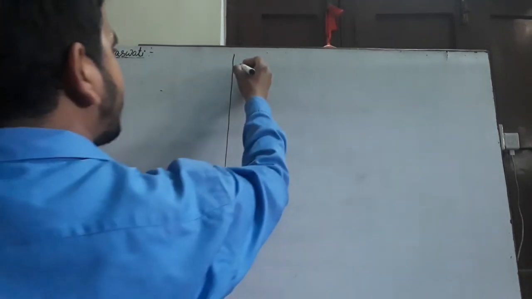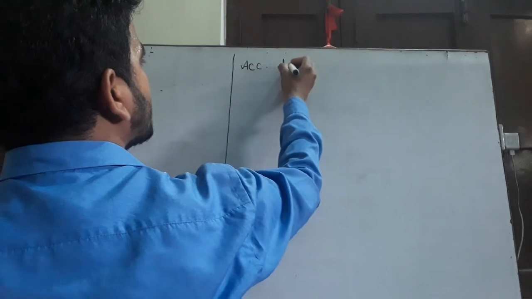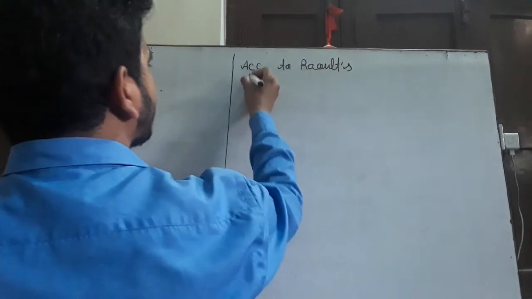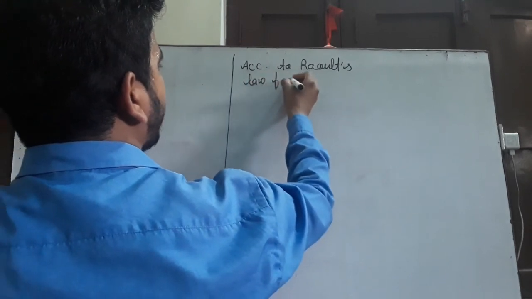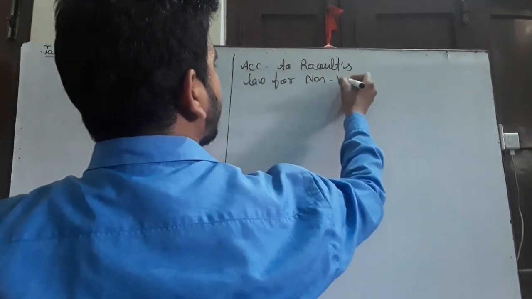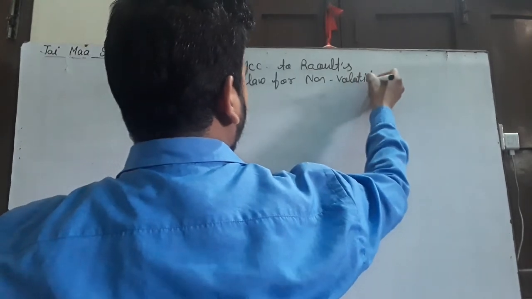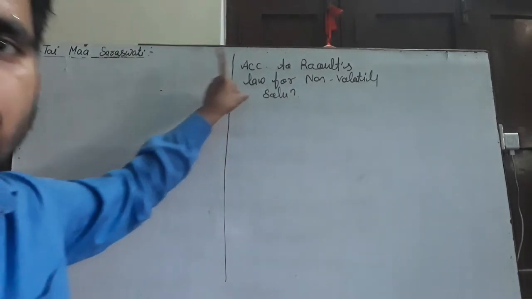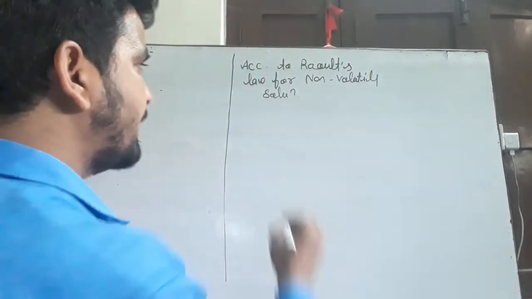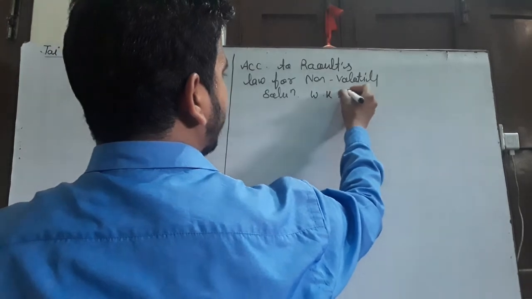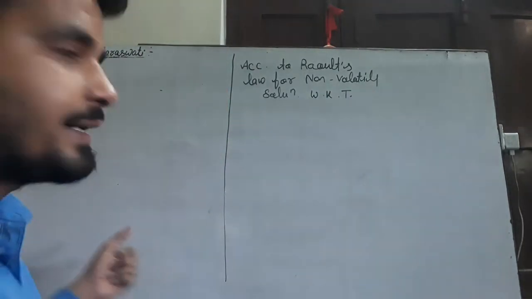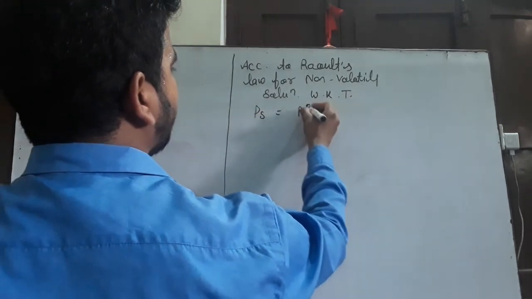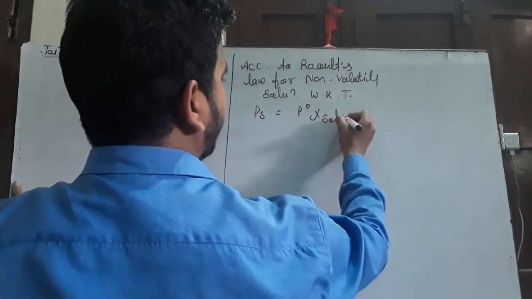Very simple. According to Raoult's law for non-volatile solution, we know that, dear children. Hope everyone knows. PS is equal to P naught xi solvent.